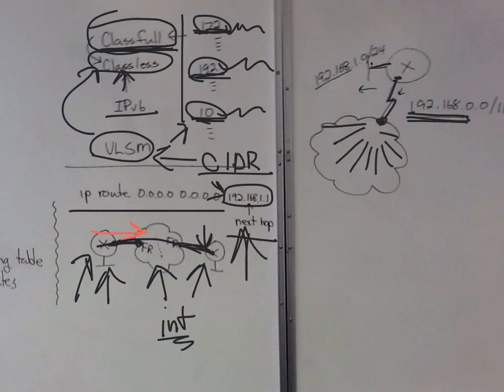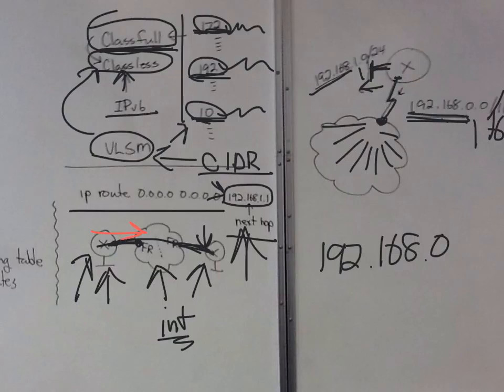Then, if you get a network here, and that one's 192.168.1, and you're sending all the 192.168s into this cloud, how are we going to get things to this network? Well, here's the situation. This is a /16, so that's 192.168.0.0/16. So it's just going to look at these bits here.